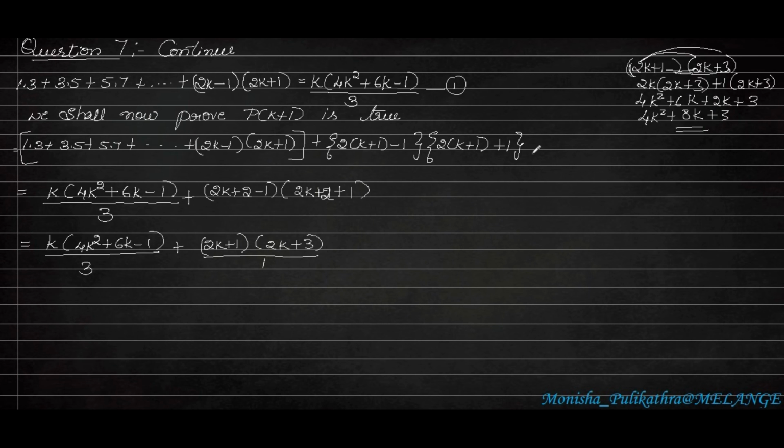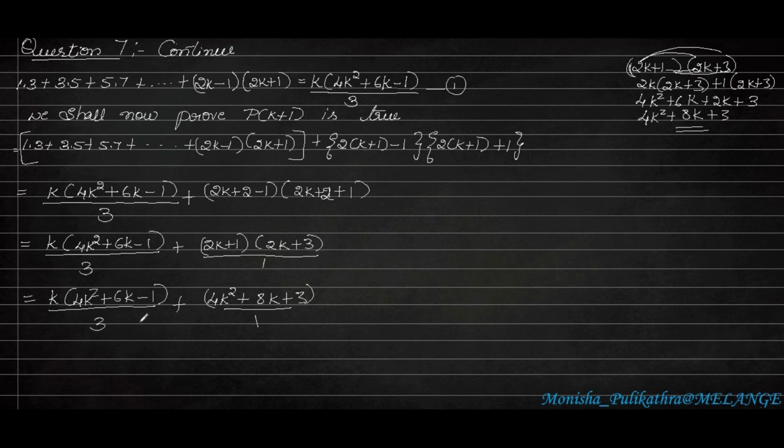Instead of these two terms, we can write the whole factorization as a quadratic expression. So it will become k into (4k square plus 6k minus 1) whole divided by 3, and instead of this factor, since we have multiplied, we can include 4k square plus 8k plus 3.